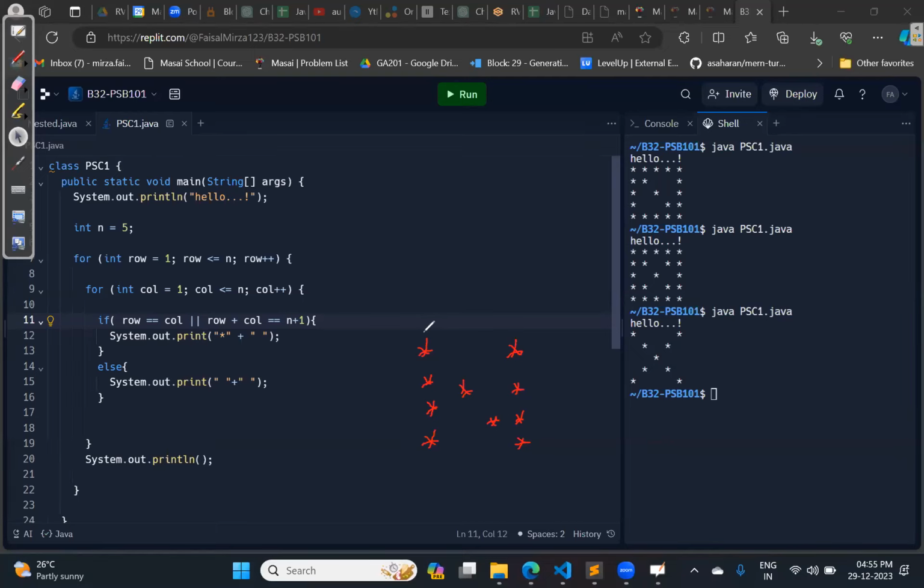Now, what we can do for the N pattern? Can I say that the first column and the last column will be required? Yes or no? So column 1 is necessary and the last column is also necessary. Along with that, can I say that... Just give me a second.